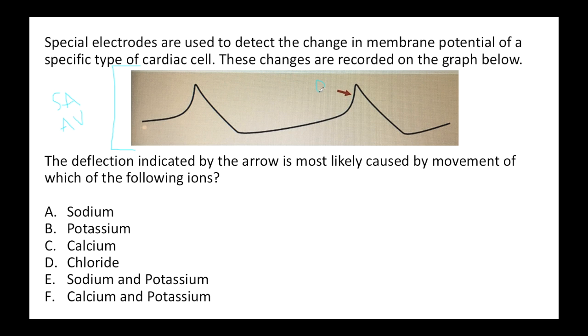Right, this is phase 0. So what is causing phase 0 of the nodal action potential? What is making that deflection occur? C. Sodium. Calcium. It's going to be calcium.